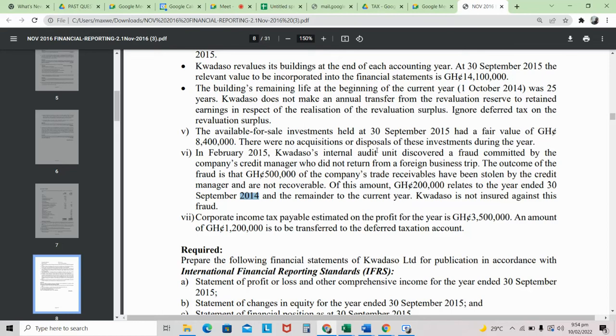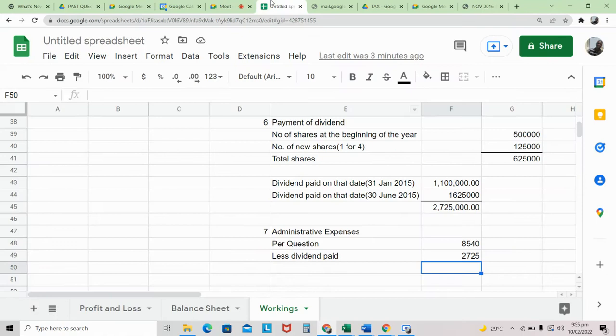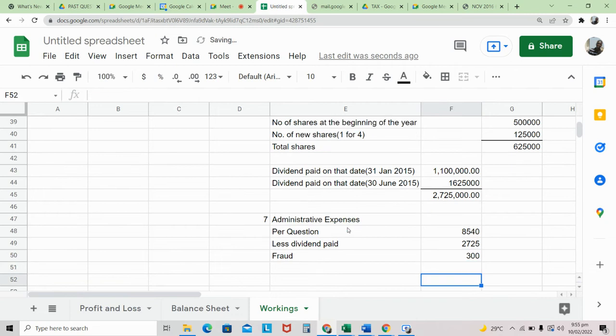And the current year amount is 300,000 because the question said that 200,000 relate to the past year. So if that's the case, then 300,000 will be for the current year. Okay, so we have to add this one as an expense. So we can add it to administrative expenses, as fraud.